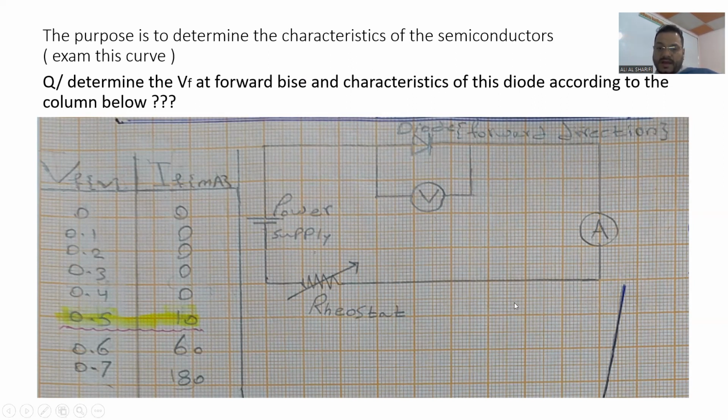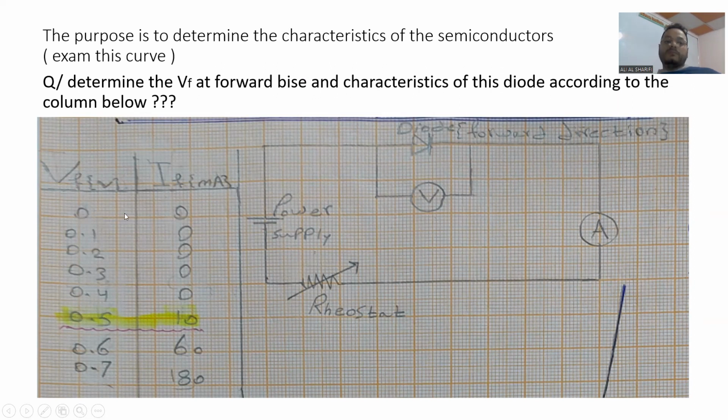In this connection, I have the diode connected in parallel with the voltmeter and in series with the resistance R, which can give different values. By increasing the power supply and changing the R state, we reach 0, 0 at first.